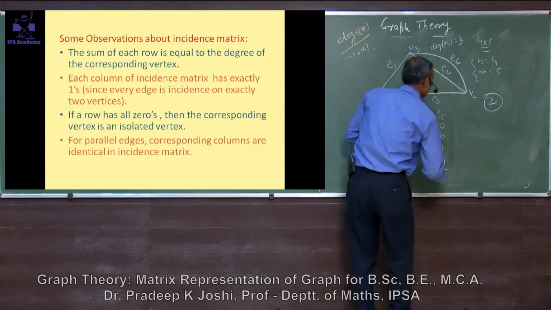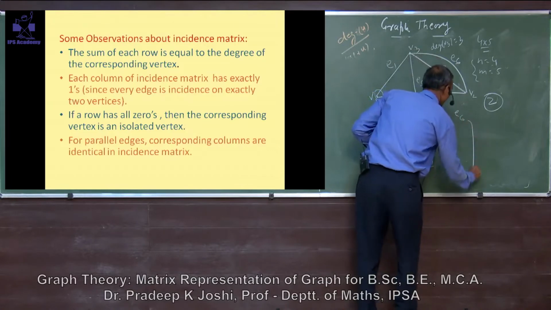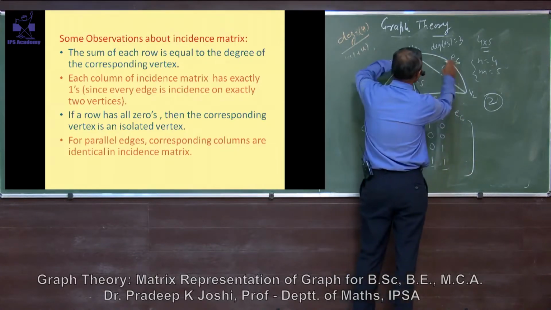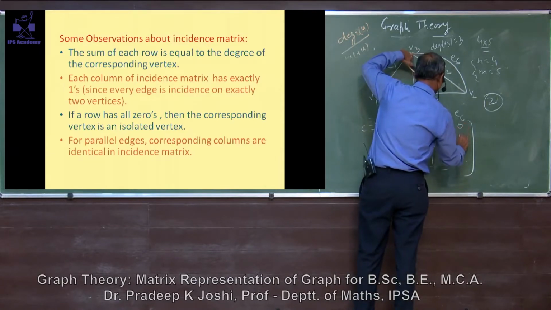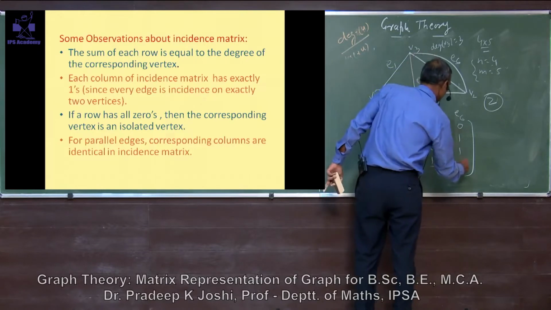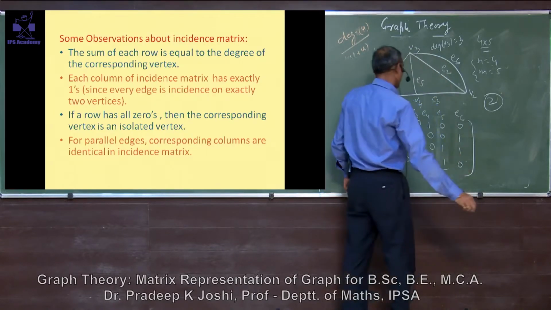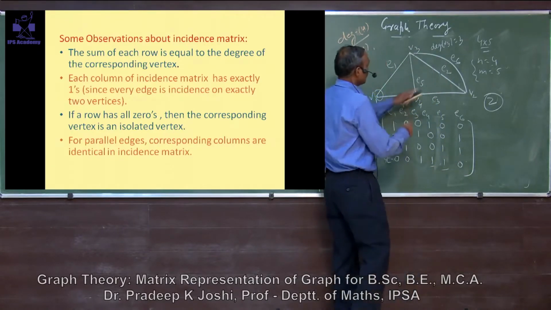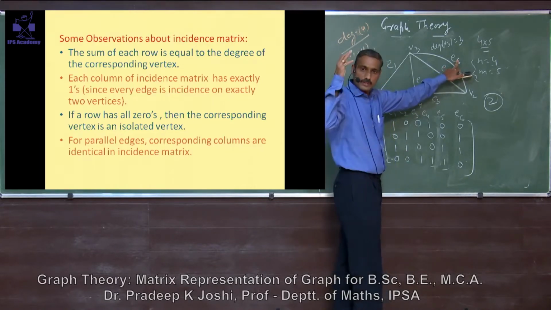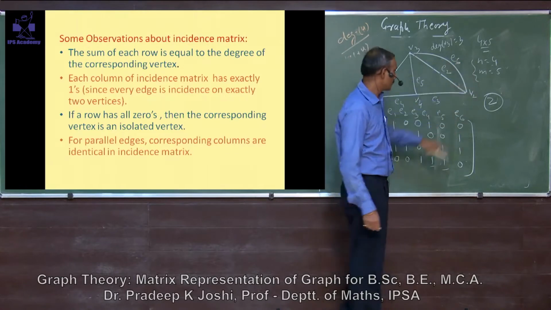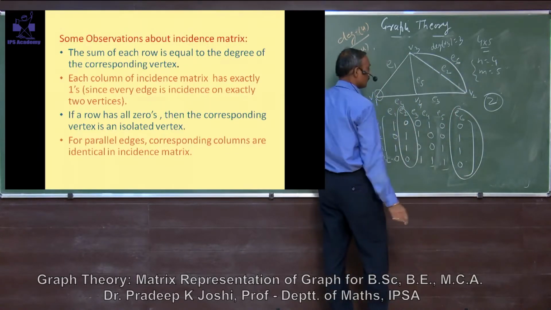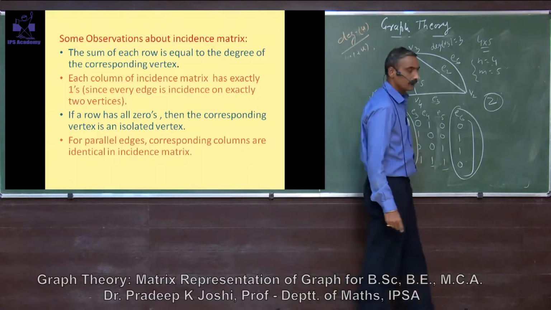Then E6 will be incident on V2 and V3, so put 0 elsewhere. E2 and E6 are parallel edges, so their corresponding columns will be identical. We see that the E2 and E6 columns are identical.